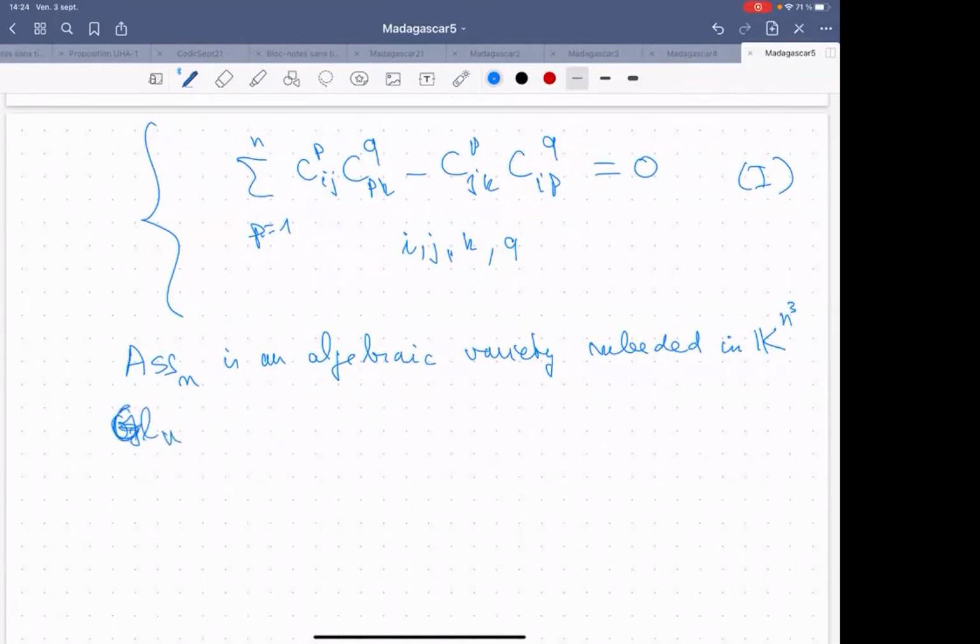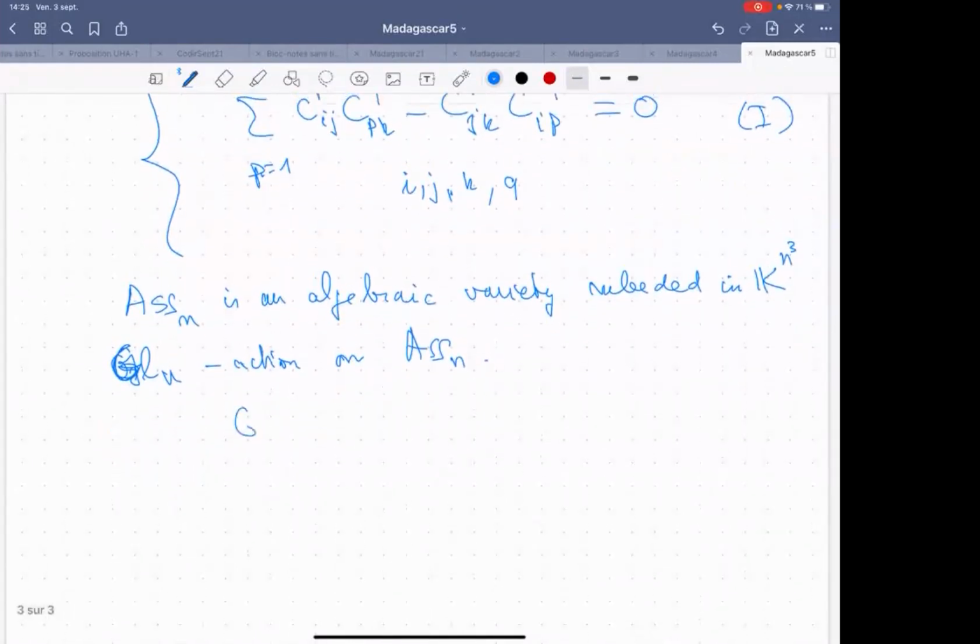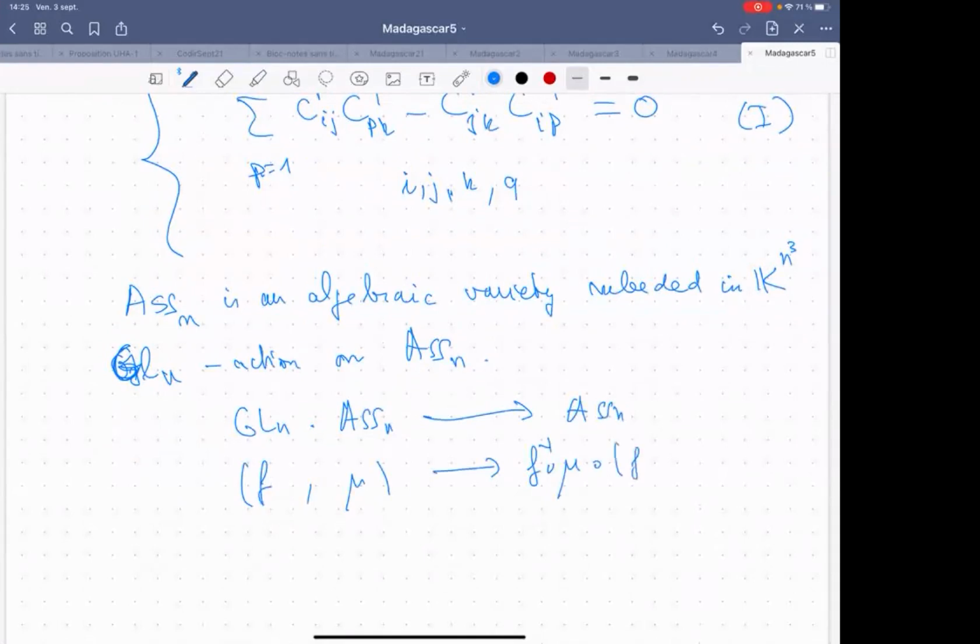It's the general linear group action on As_n, defined as follows: if I have an element f and a multiplication mu on the algebraic variety As_n, then to this pair I associate another element in As_n, defined by f inverse composed with mu composed with f tensor f. Okay.